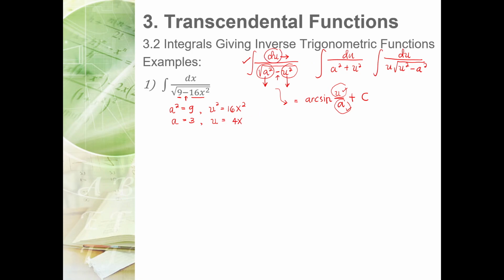Your du parameter is you just continue to derive from u squared. Starting from u squared, you get the u, and then you get the derivative here. So you have 4 dx.